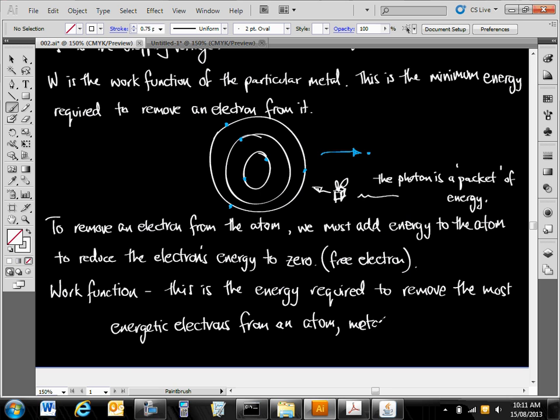We could call it a metal, or we could call it a substance.